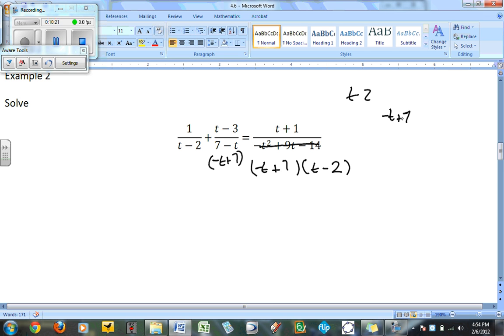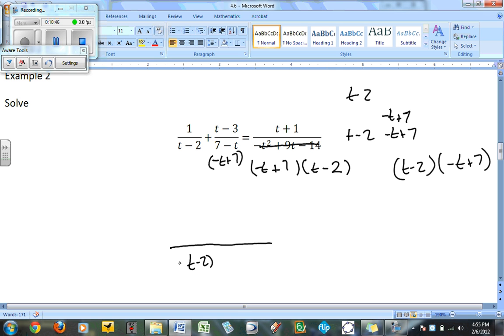And then this one can be broken down. One goes into this column, negative t plus 7, and one goes into this column, t minus 2. We take one from each column, so our least common multiple is t minus 2 times negative t plus 7. That's going to be our least common multiple, and it's going to be our denominator.